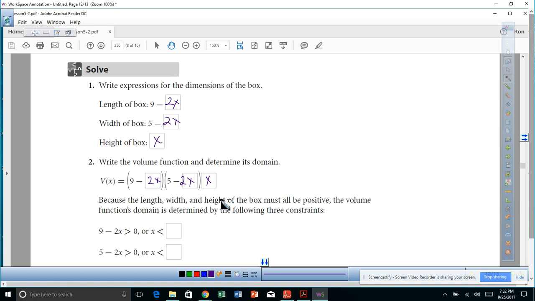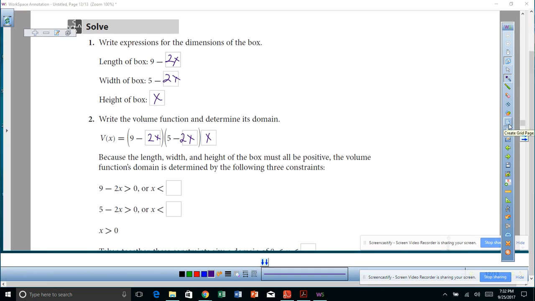Because the length, width, and height of the box must all be positive, the volume function's domain is determined by the following 3 constraints. 9 minus 2x is greater than 0, or x is less than 4.5. 5 minus 2x is greater than 0, or x is less than 2.5. x is greater than 0.